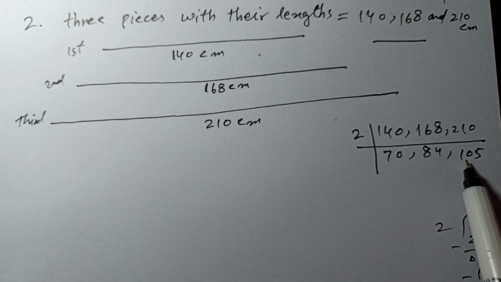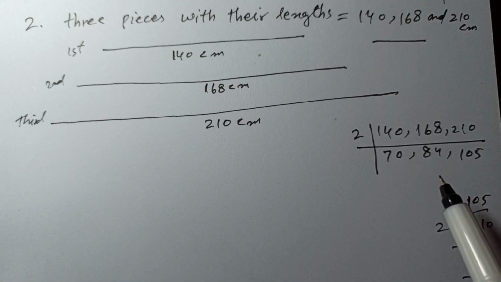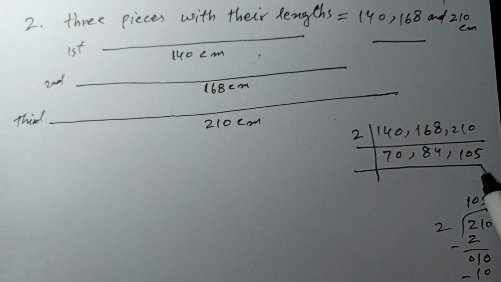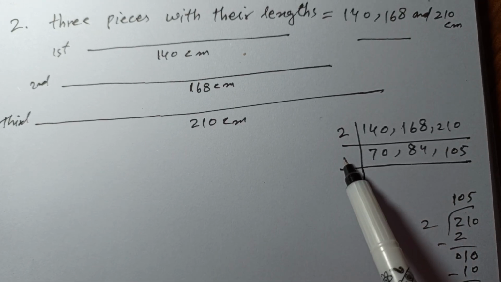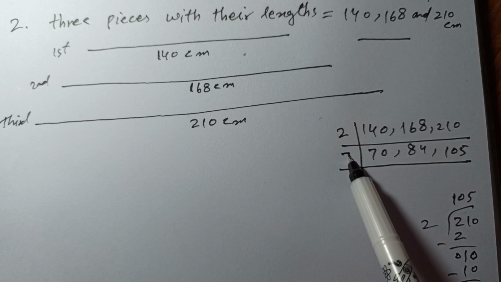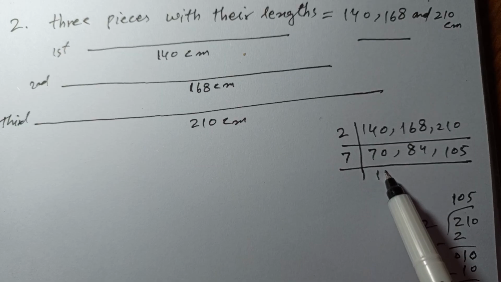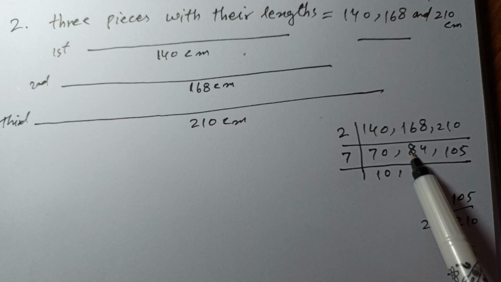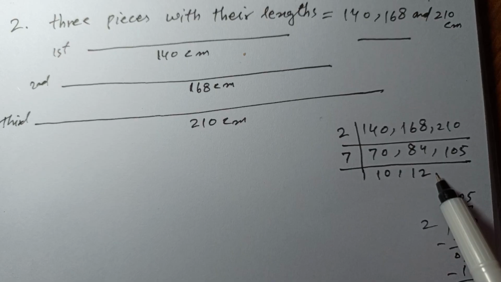105 can also be divided by 7, because 7 fives are 35. You know that we can divide these by 7, and as we have to pick only such a prime number that can divide all three, 7 is the prime number that can divide all these three. 7 tens are 70, you will write here 10, and 7 ones are 7, and carry will be 1, 14, 7 twos are 14.